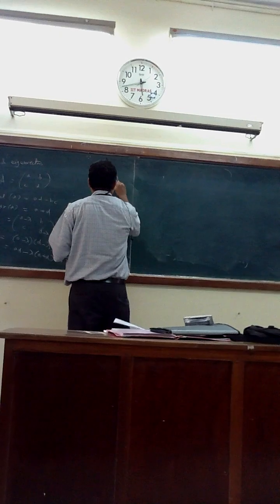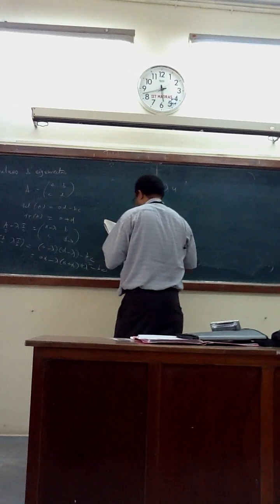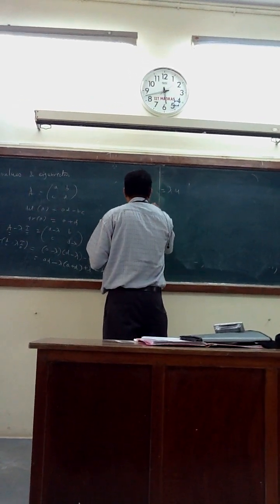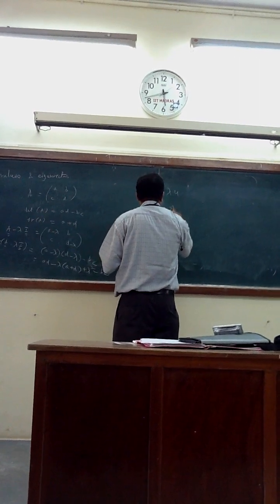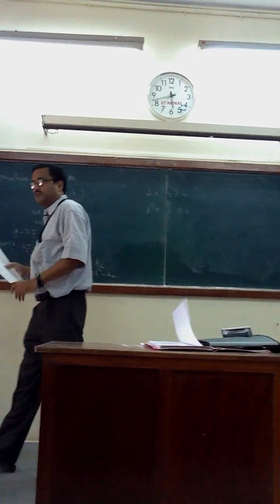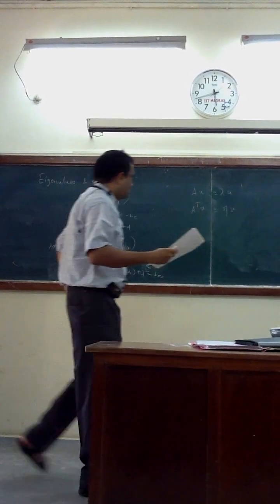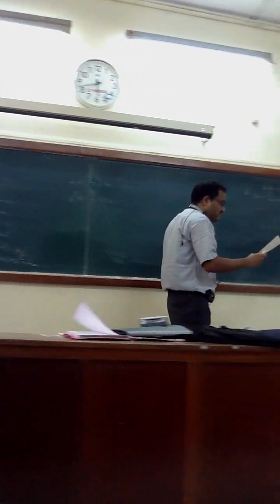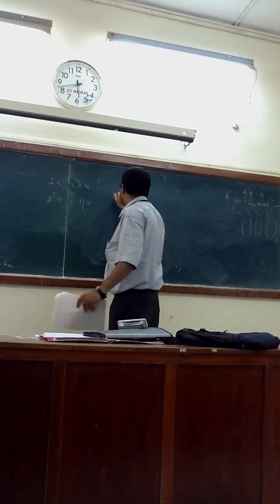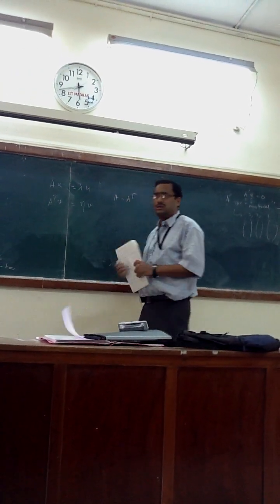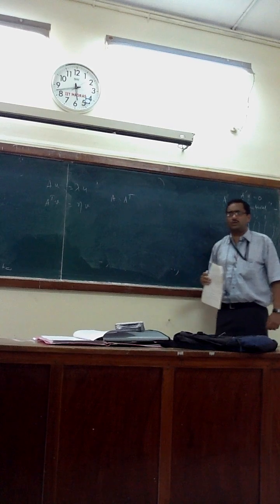We have AU equals lambda U and A transpose V equals theta V. I have two matrices. The adjoint is A transpose, and I'm saying real matrix, so bar should not come.